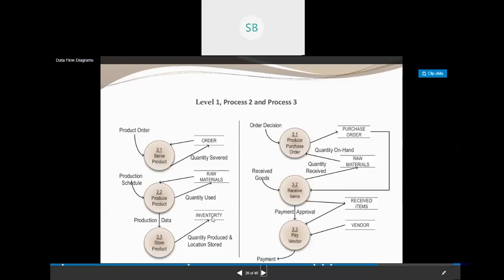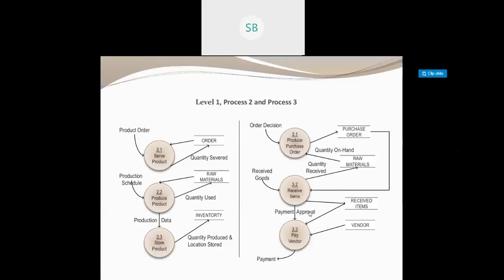Store product is in the inventory. Then produce product will be in a different table. Raw material store product is in the raw order. And then again we have procurement broken down into 3.1, produce purchase order, and it is saved in the purchase order. So all these things can be divided.